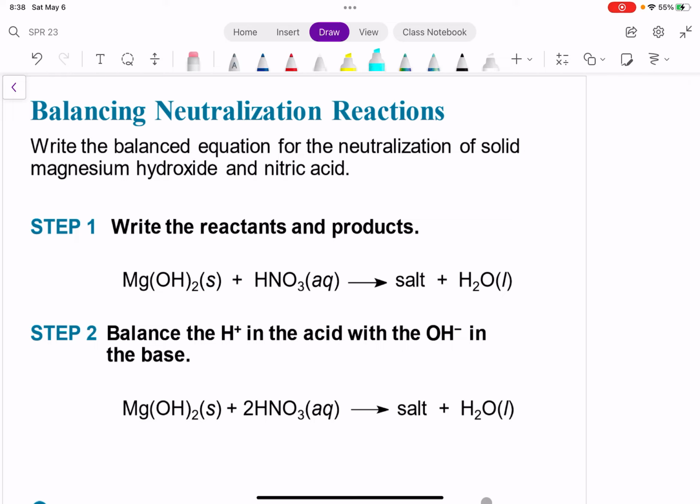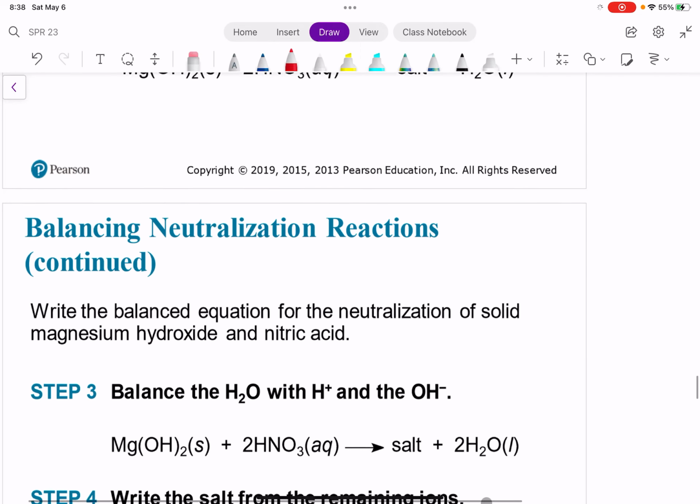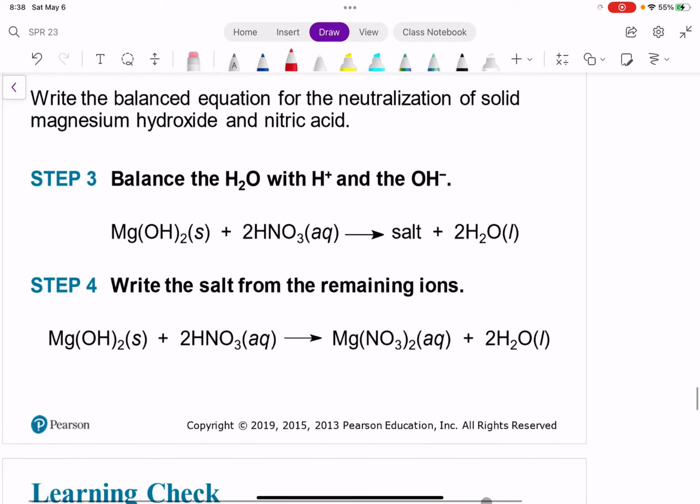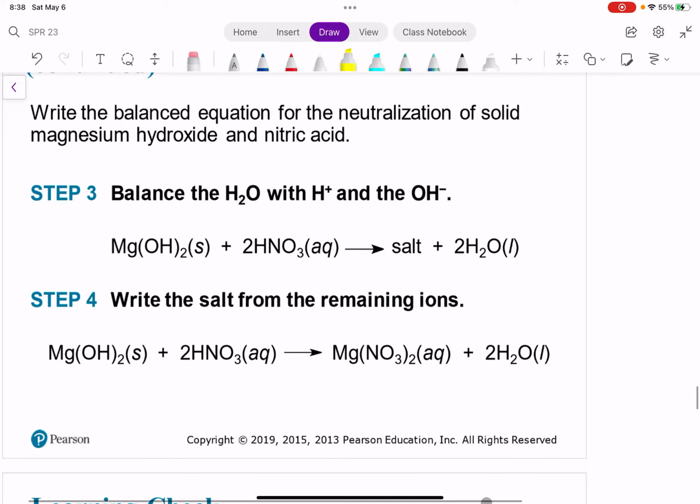What is actually happening is our magnesium and our hydrogen are switching places. Those are our cations, and they're switching places, and then we're going to be left with this new salt. Remember, our salt can be something other than NaCl.